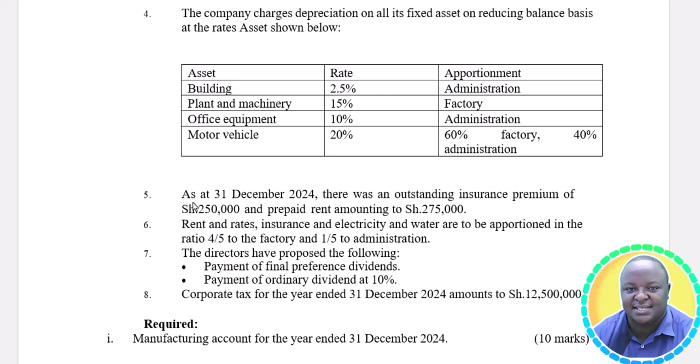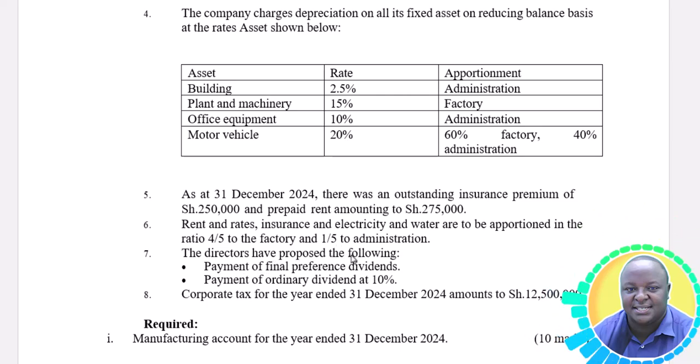Additional information number 5. As at 31st December 2024, there was an outstanding insurance premium of 250,000 and prepaid rent amounting to 275,000. Rents and rates, insurance and electricity and water are to be apportioned in the ratio of 4/5 to the factory and 1/5 to administration.